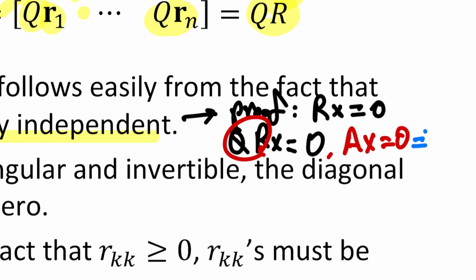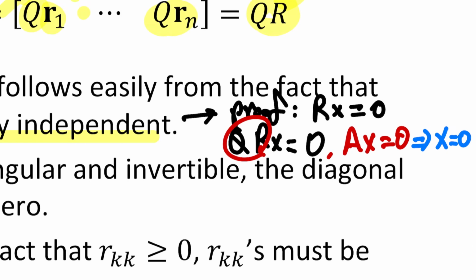Then x must be 0, right? Because the columns of the matrix A are linearly independent. So it means that there is only the trivial solution, x equal to 0.